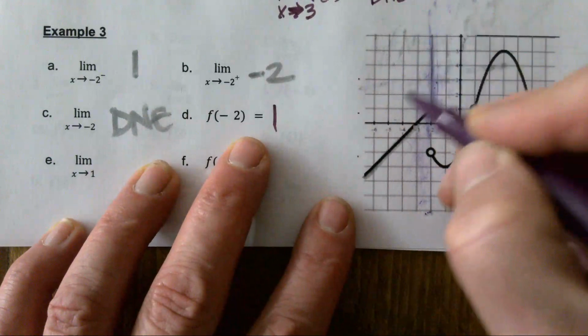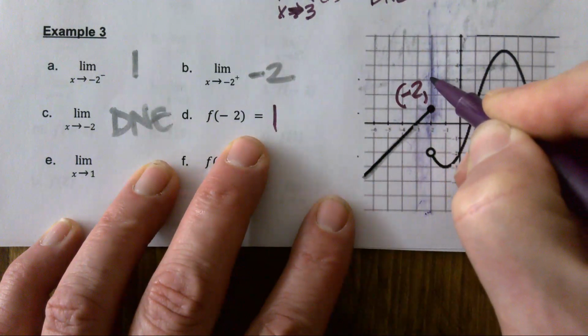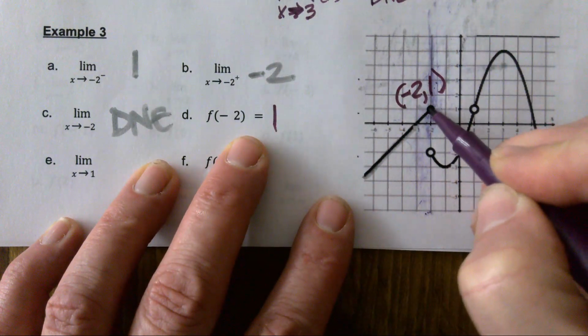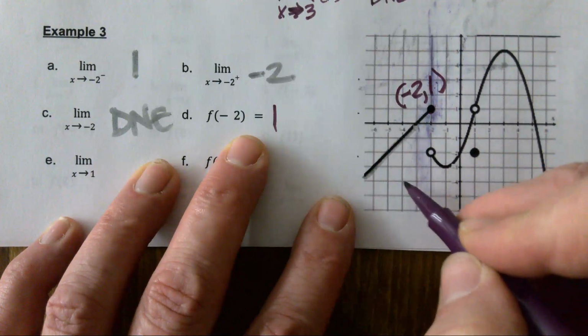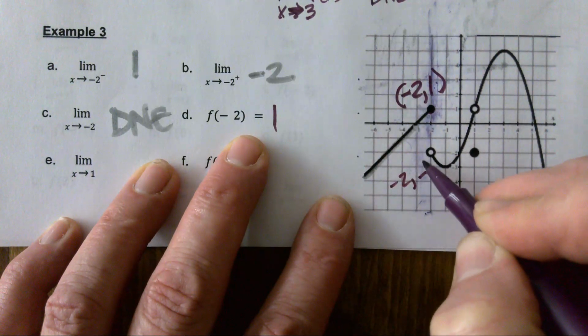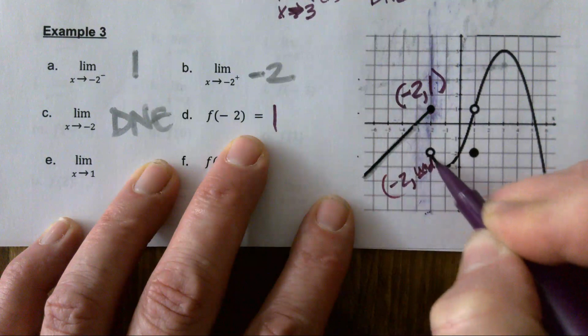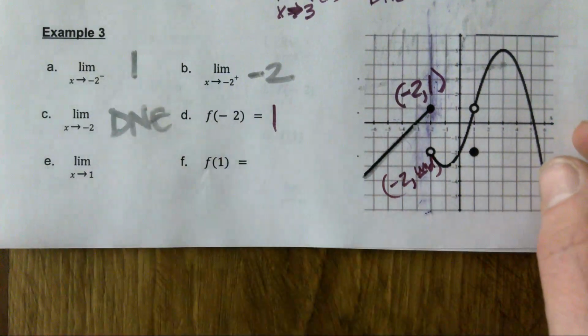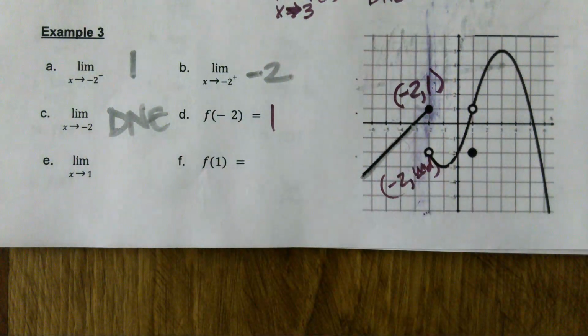There is this point, -2 comma 1, where I have this nice solid dot, and there is this point, -2 comma undefined, where I have a hole. I'm not using that one because I need to be at -2. This one is at 1, and I'll use that when I'm trying to find the value or the limit for 1, okay?